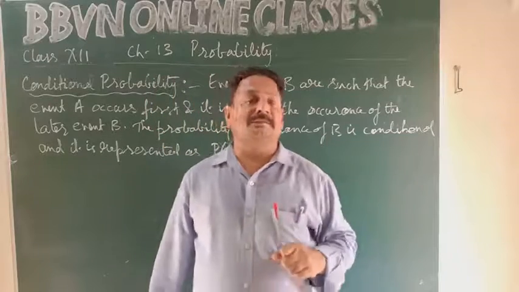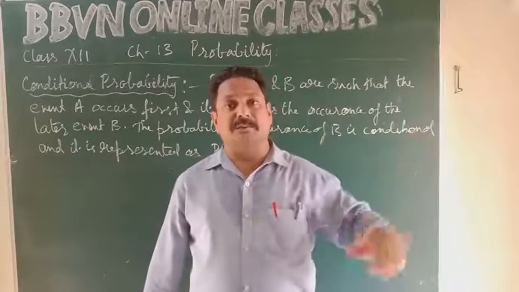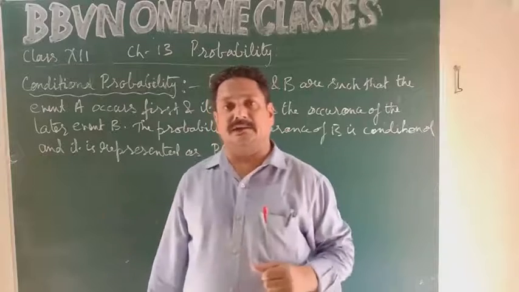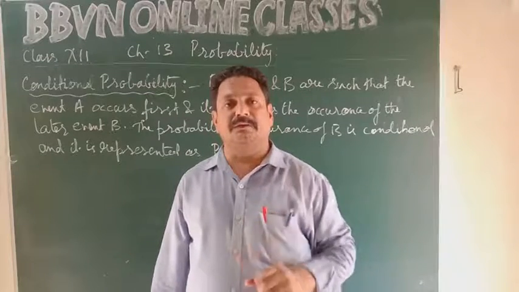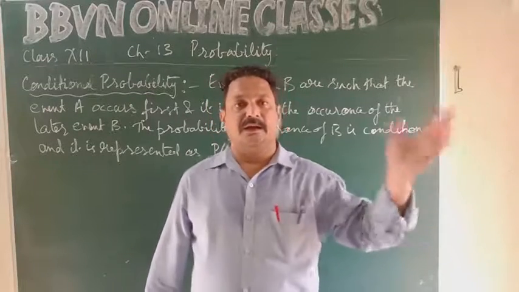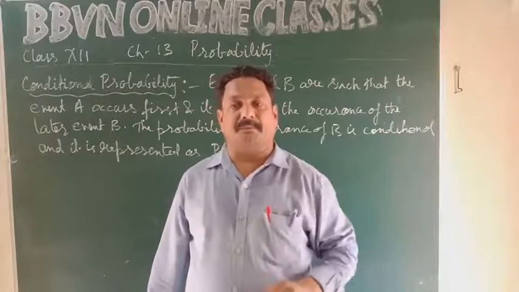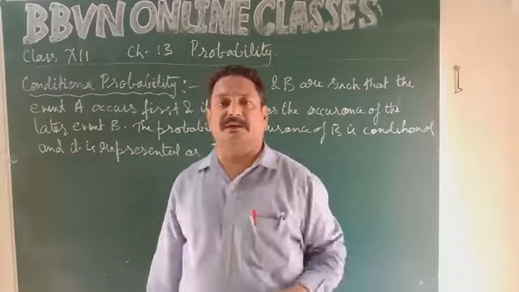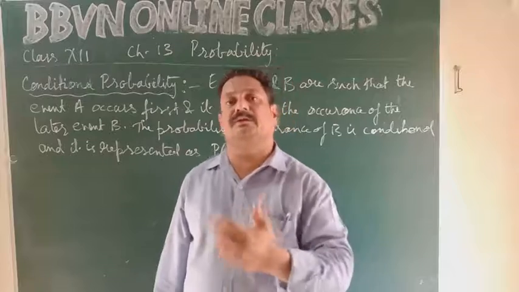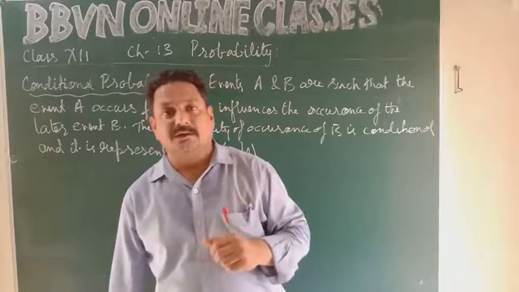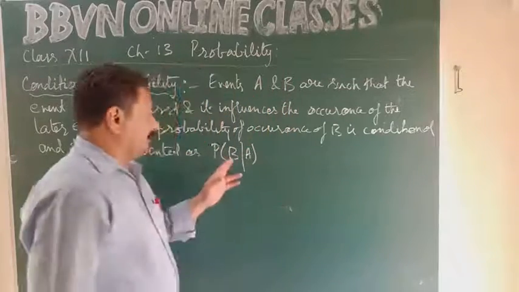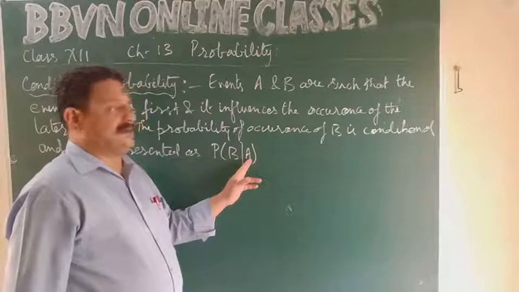Suppose someone says, if he helps me out, I can crack this exam. So there are two events, person A helping or not helping person B, and person B appearing in the examination, being able to crack the examination or not. So probability of B given that A has occurred first.